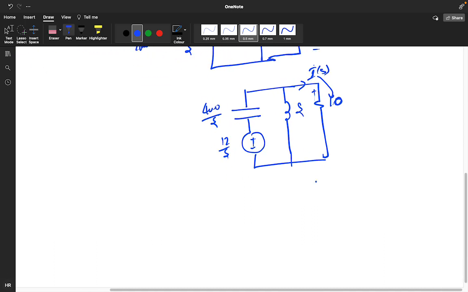For now, I am assuming something here as v1 of s. Like nodal analysis, I am simply doing the nodal analysis.